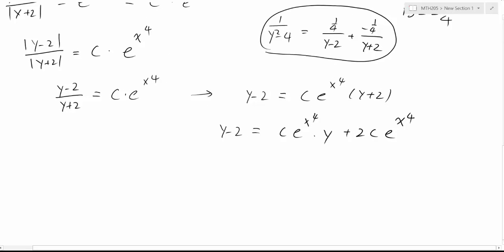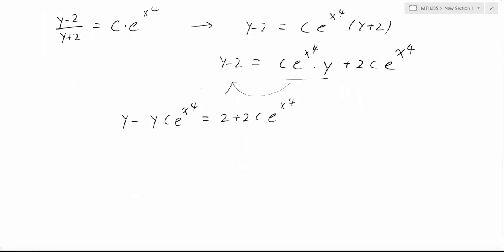All right, and then what do we do? We move this term to the left, and negative 2 to the right. So we have y minus y times c e to the x to the fourth, and that's going to be 2 plus 2c e to the x to the fourth.